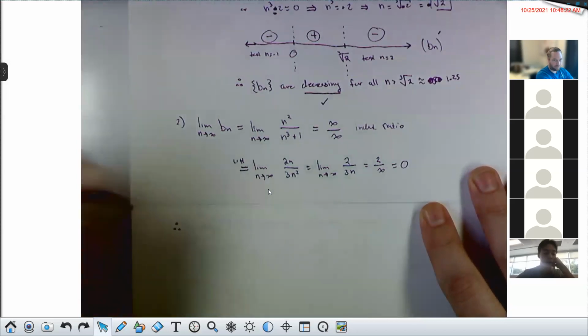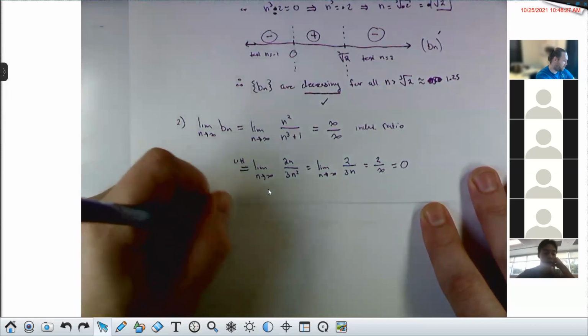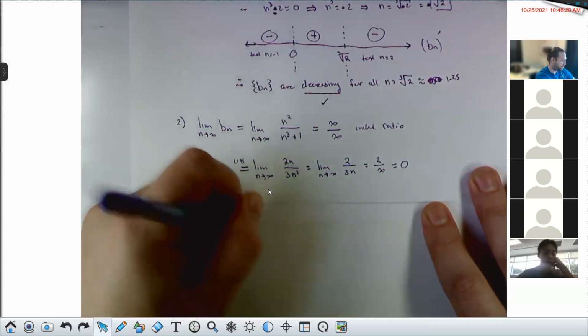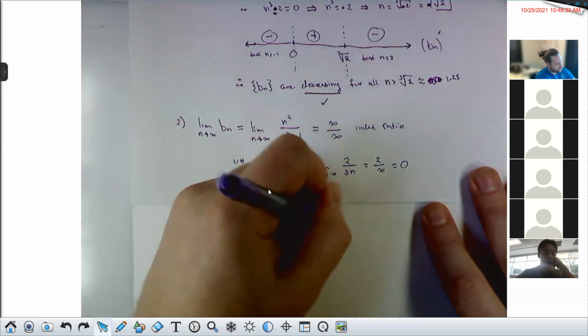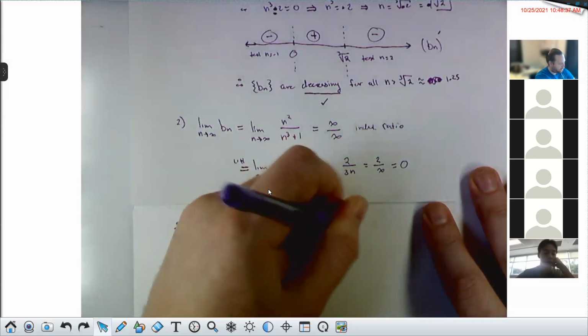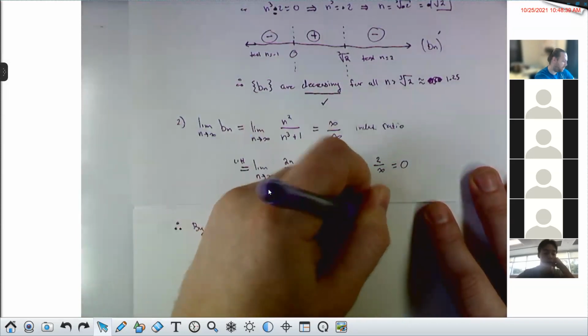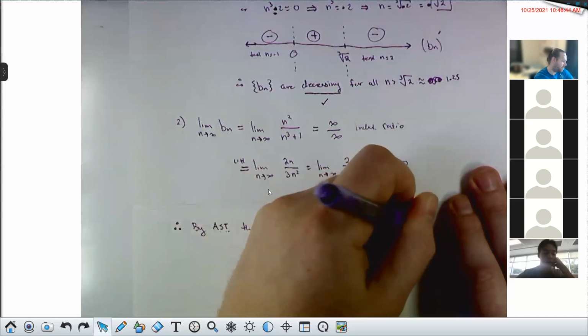Therefore, by AST, the series S equals the sum from n equals 1 to infinity of negative 1 to the n plus 1, times n squared over n cubed plus 1, converges.